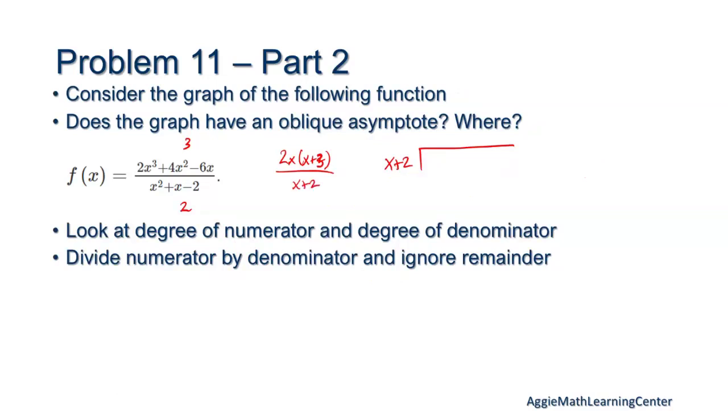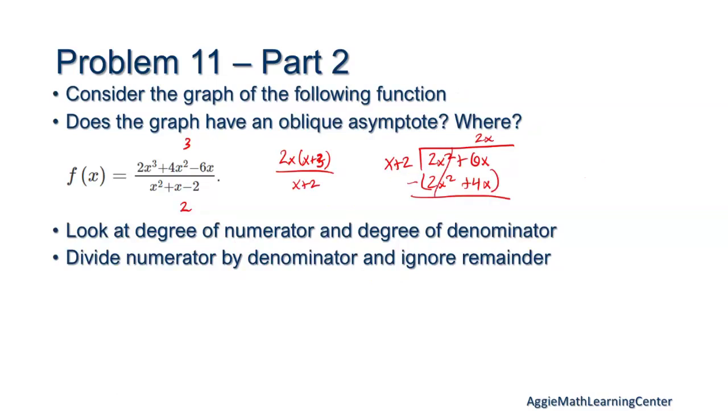If we have 2x squared plus 6x, we're going to multiply 2x to get 2x squared plus 4x, and then we can subtract that.